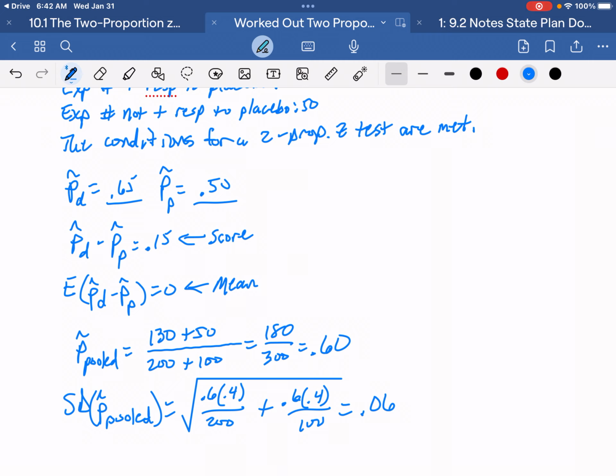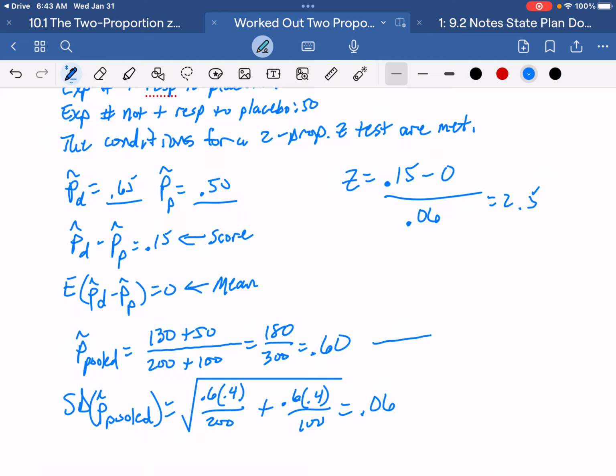So there's our standard deviation. Now remember, z is equal to the score, which for this problem is the 15% difference, minus the mean, which you were expecting the difference to be 0, divided by the standard deviation. So we get 0.15 divided by 0.06, which is a z-score of 2.5.